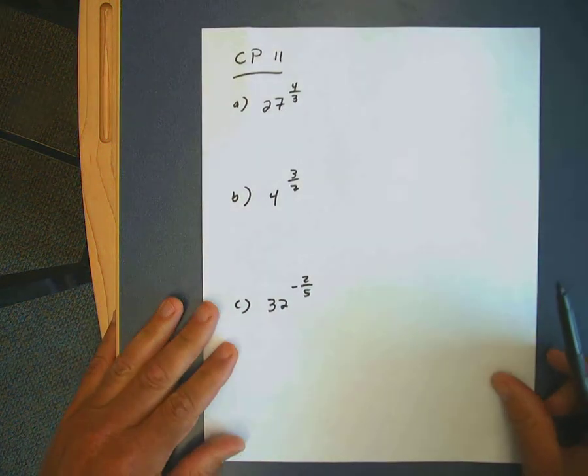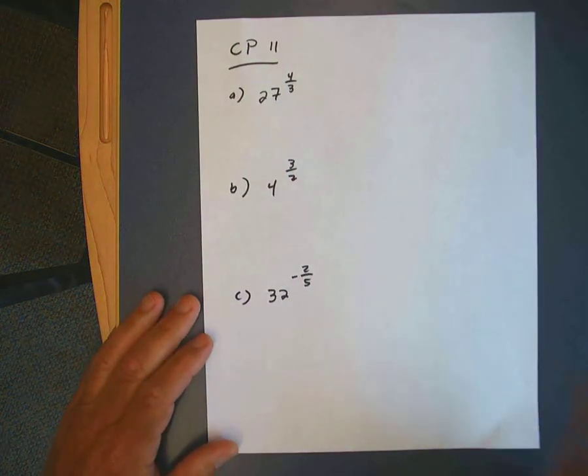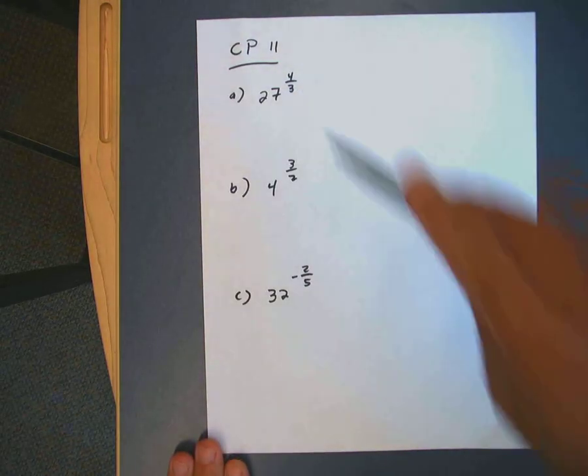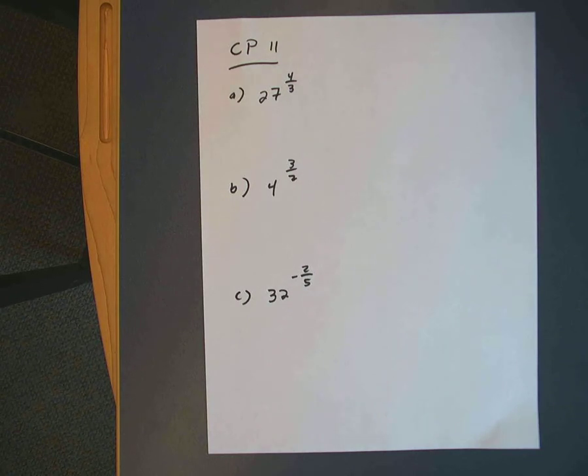Checkpoint 11. Okay, first of all, we have 27 to the 4/3 power, and we want to simplify that. There are two different ways we could write it, and I would try the way that's convenient. Many times the 3 on the bottom represents the cube root. If that root will help simplify what you have there, make it a smaller number, a simpler expression, I really try to apply that first and then raise it to the 4th power at the end.